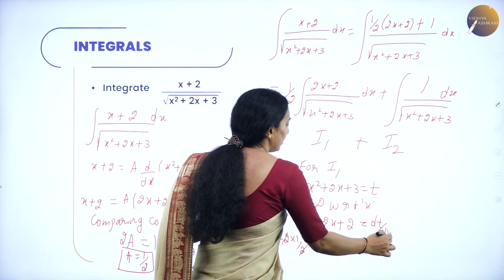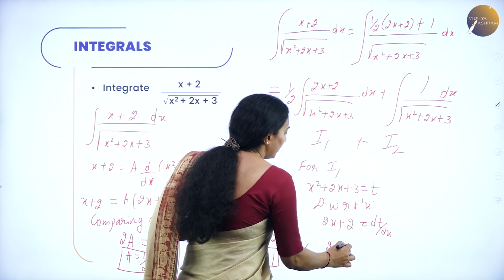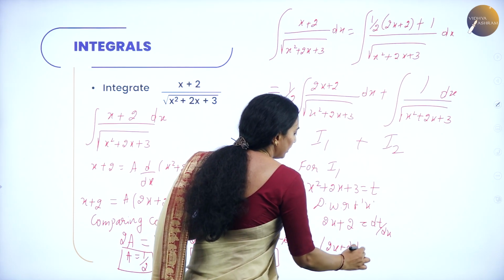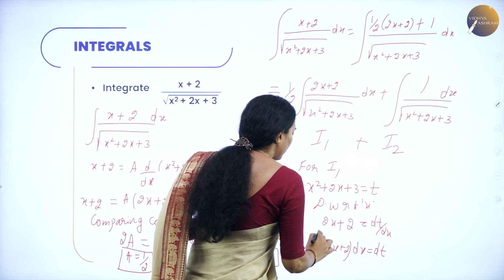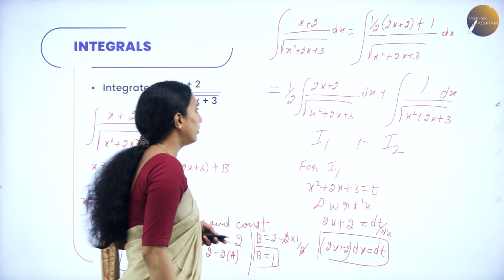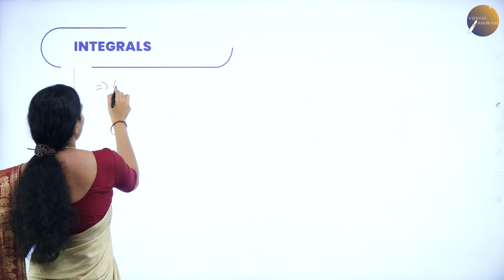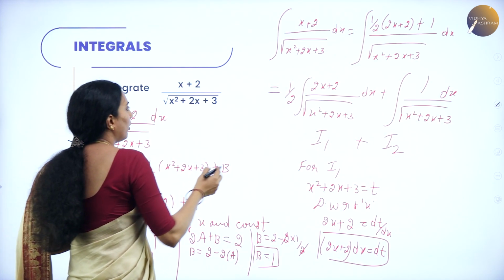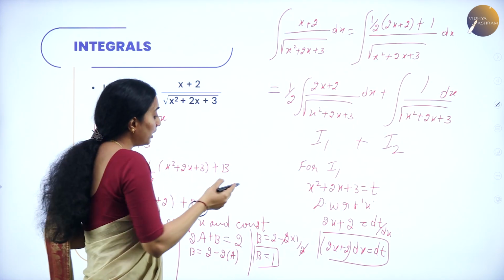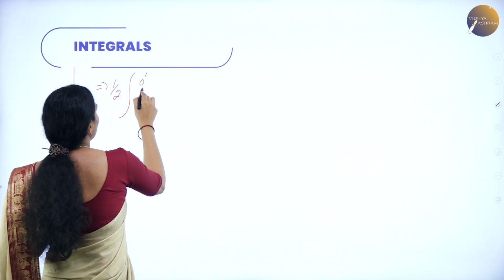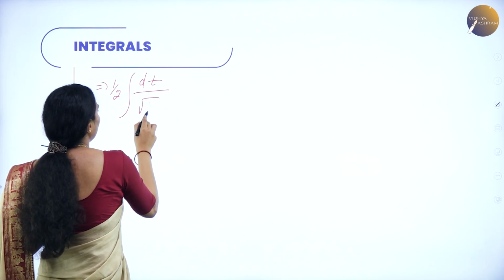Otherwise, 2x plus 2 into dx is equal to dt. This is for the I1. So therefore, I can substitute, which implies 1 by 2 is already outside. Integral of 2x plus 2 into dx is nothing but dt. So dt divided by under the root t.